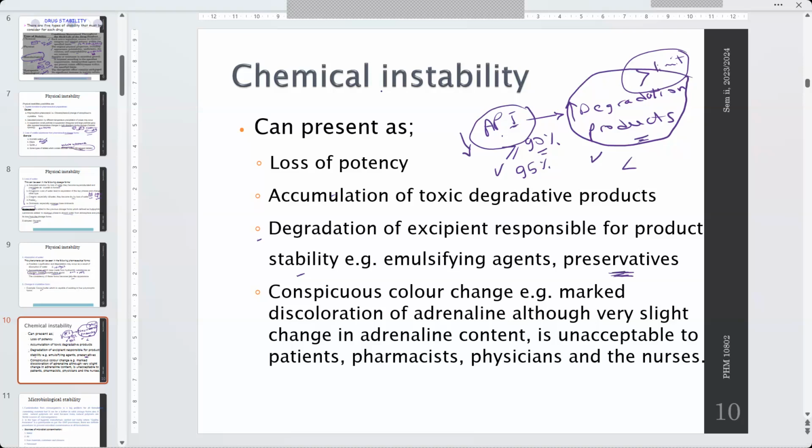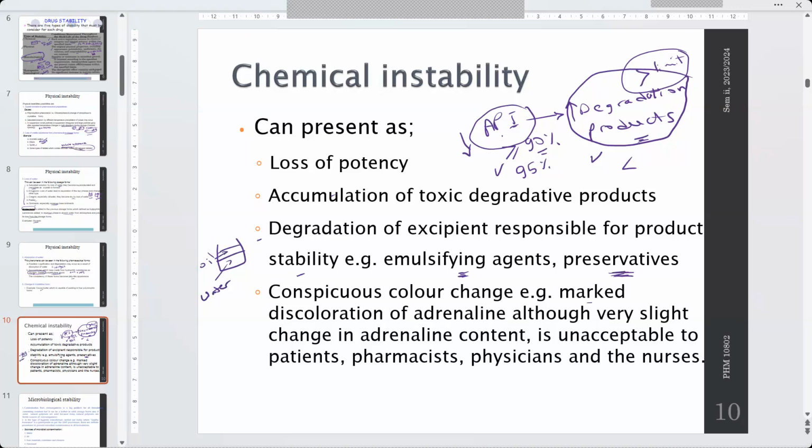This is the end of shelf life. Or also a degradation of emulsifying agents in case of emulsions, because if emulsifying agents degrade below a certain limit, then we will have physical separation of the two phases, the oil and water, right? So this will not be an emulsion anymore.